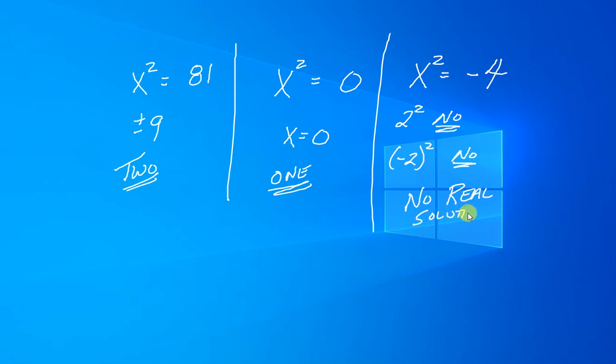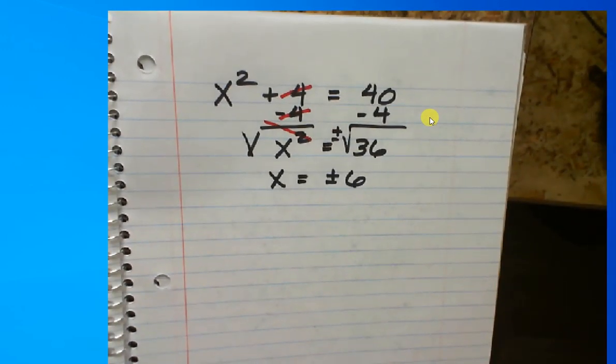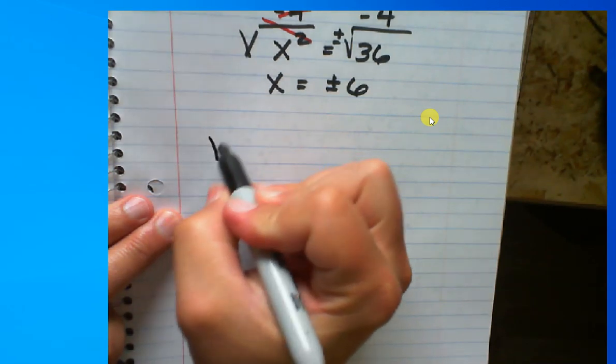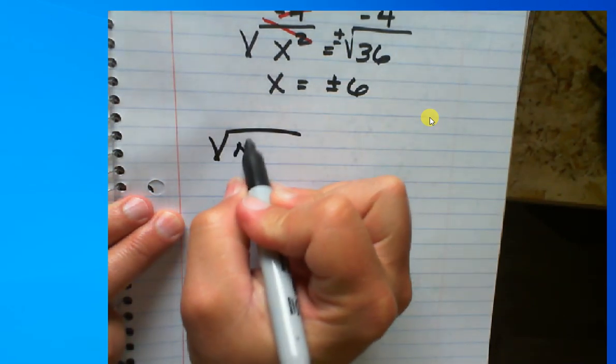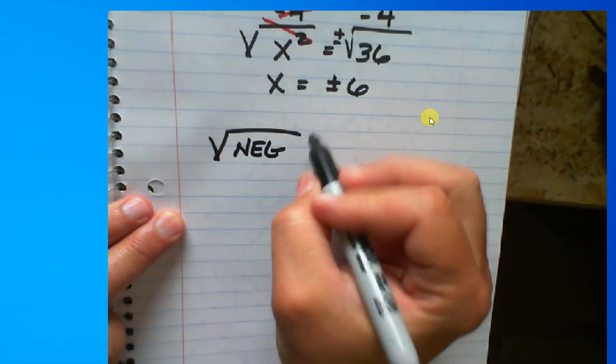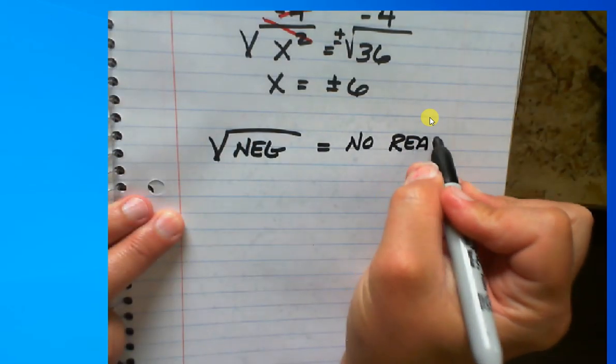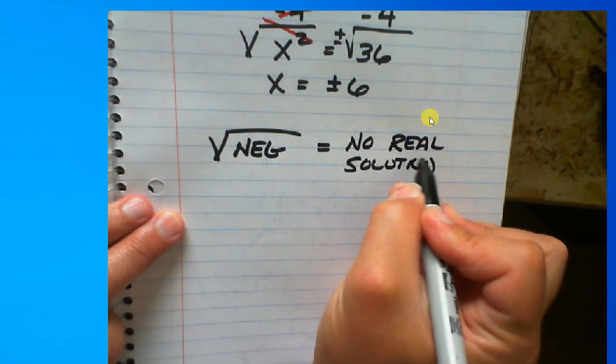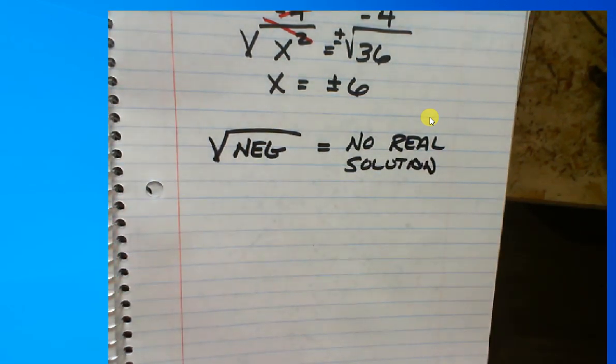We got to put this into our notes. You can't take the square root of a negative. So if you ever get to a point where you have the square root of a negative, there's no real solution to that.